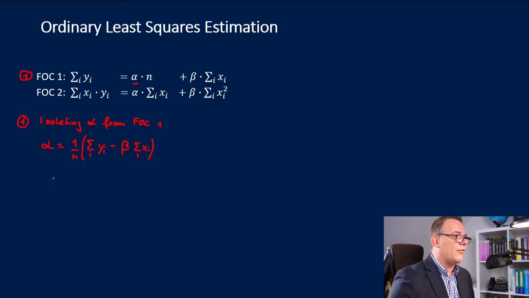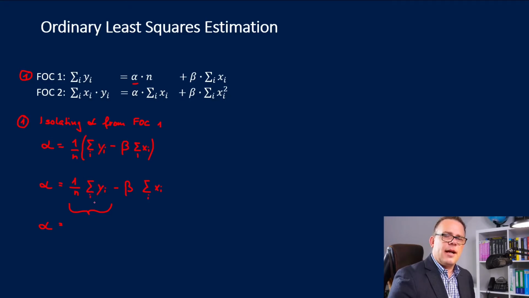I have to get rid of the brackets, so alpha is given by 1 divided by n, the sum across all i, epsilon i, minus beta, the sum across all i, xi. And that makes our life extremely easy, because now we have to divide by n, by the number of observations, and we sum across all epsilon.